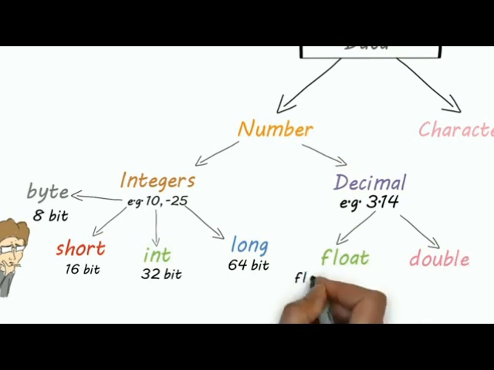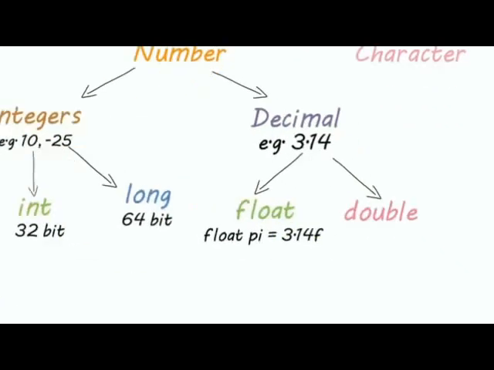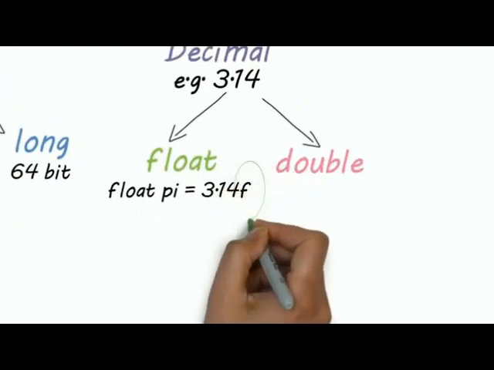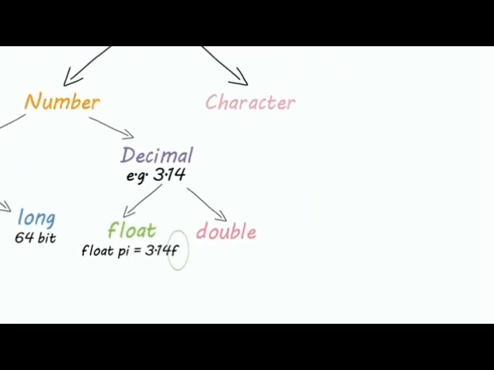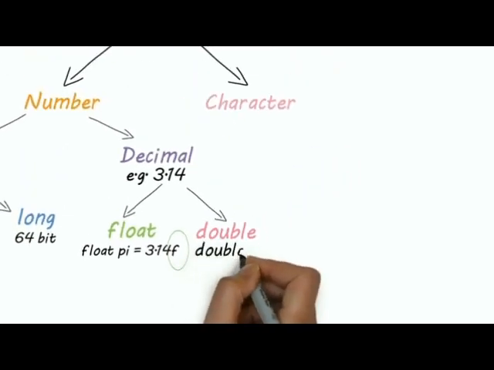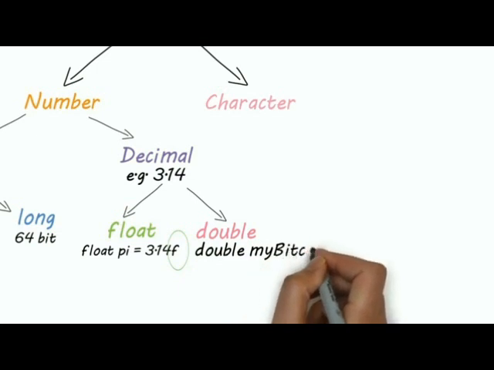If we want to store small decimal values such as pi equals 3.14, we will use float. In float we use a lowercase or uppercase f on it, for example 3.14f. So if we use double, it is for a value such as the bitcoin price.